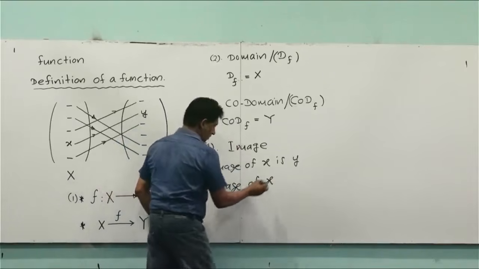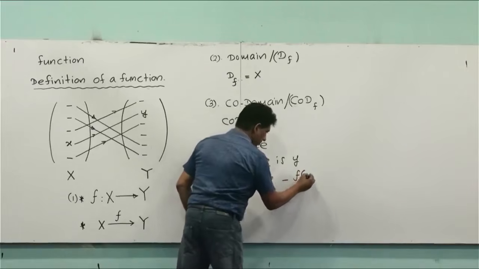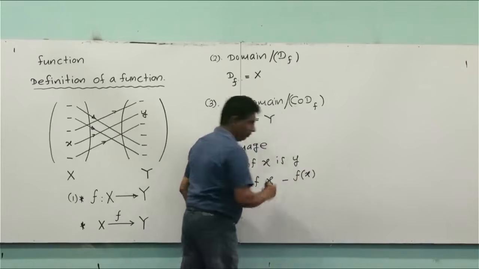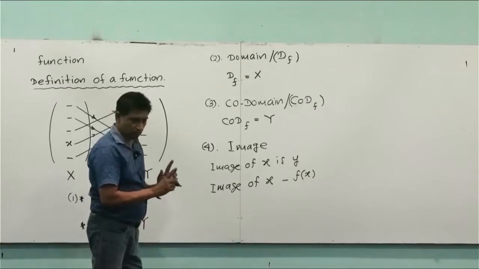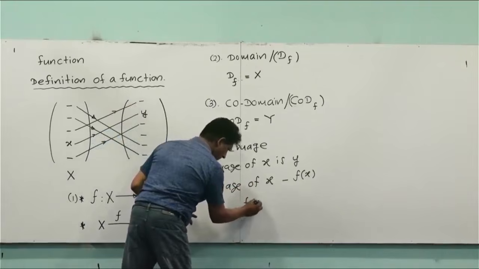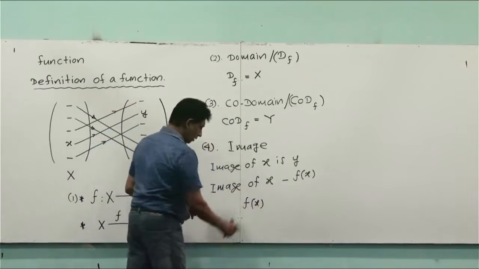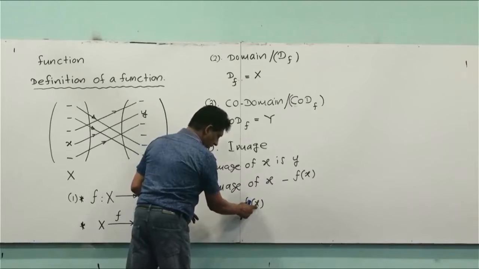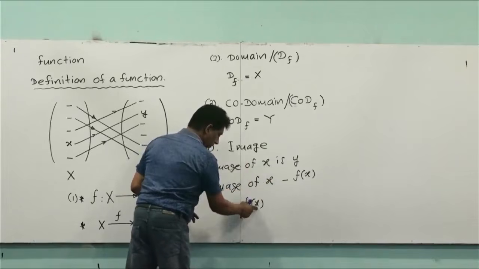Image of x, we write the function notation, then brackets, then we write the element, right? f(x). What is the meaning of f(x)? This is the first set element. Under function f, the second set element related to this element is the image of x, right?